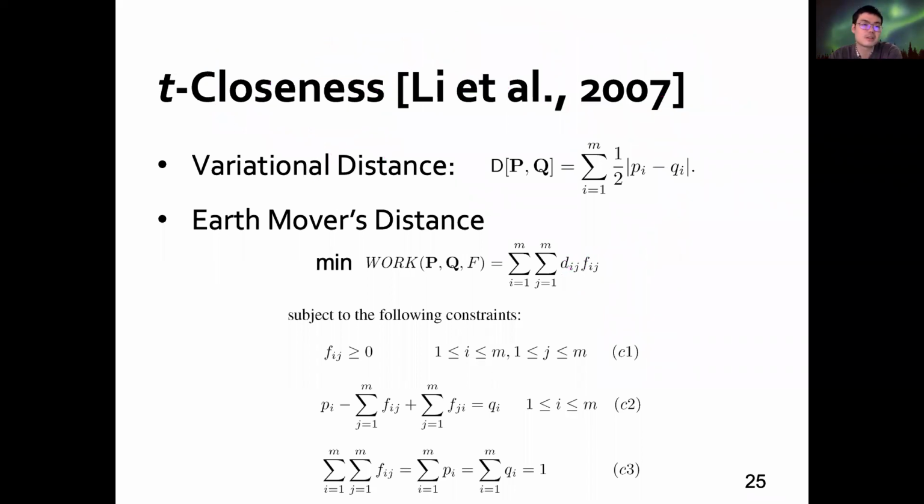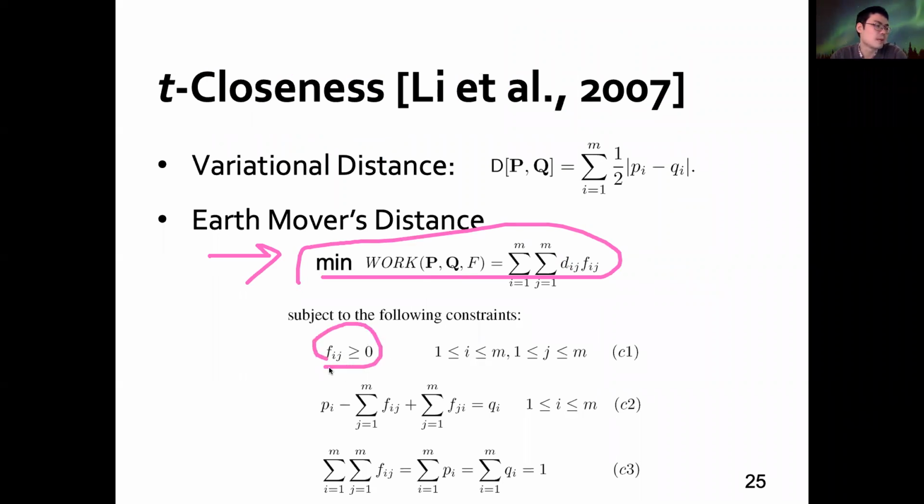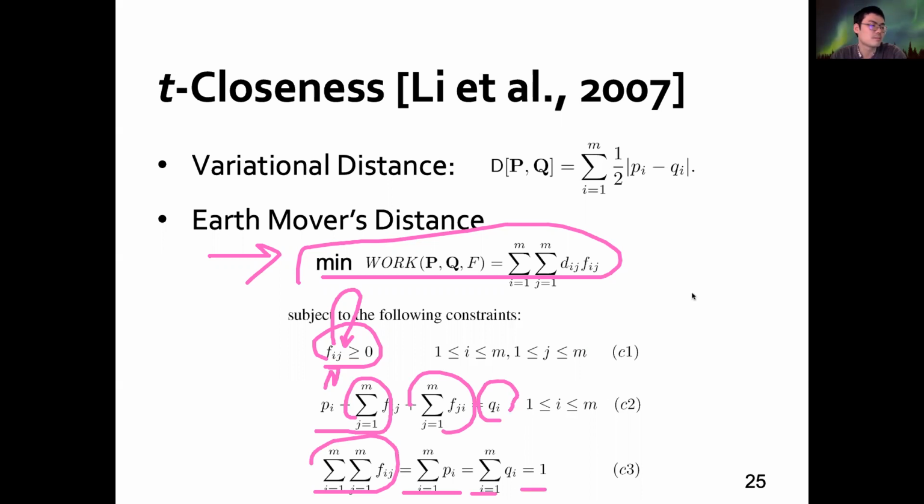Apparently they should satisfy some requirements. This is the optimization point. One, minimize the amount of work you do to change one shape into the other. And of course, the amount you move from i to j should be the same, from heart disease to flu. After moving, digging out these and moving them from j to i, but also adding i to j, the amount should be equal to the destination distribution, and the total amount should be 1, as the distribution sums to 1.